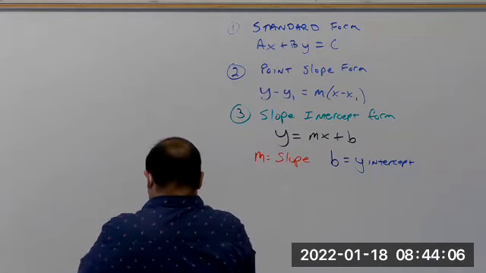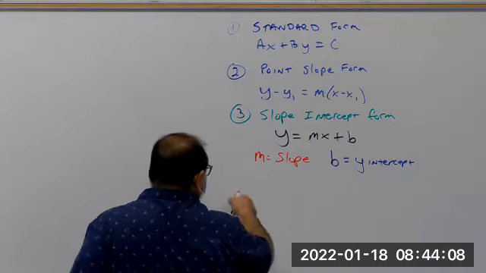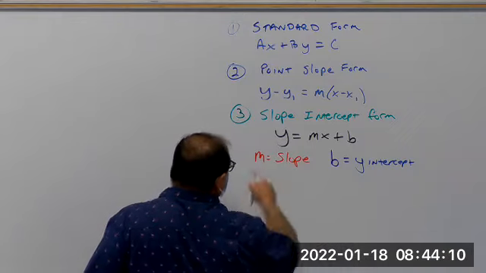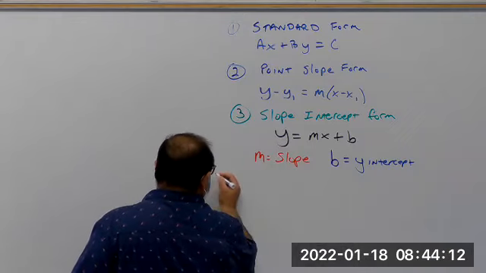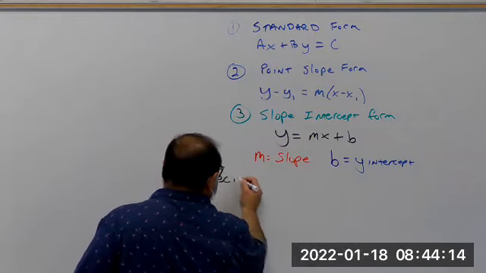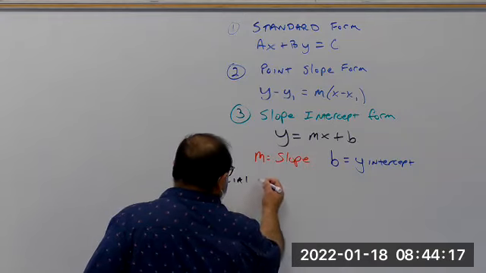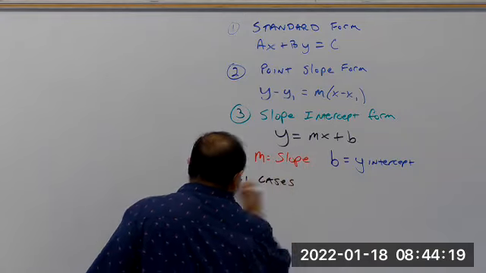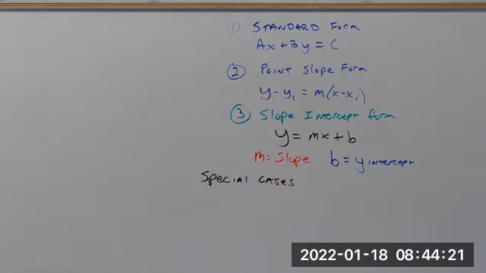And then I put down here for 4 and 5, because there's 5 ways. Those are special cases. And we're going to cover those today, because that will help with the questions down here at the bottom.